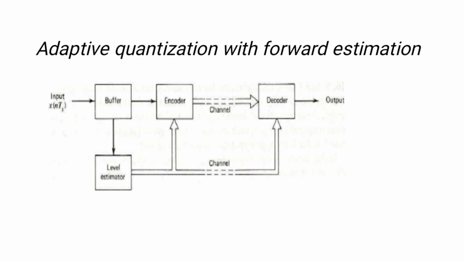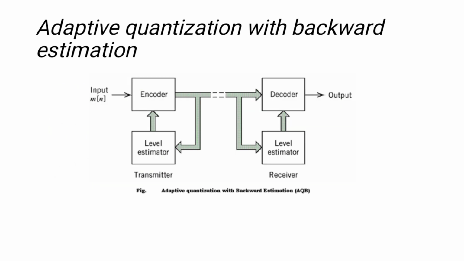For example, for 7 levels we have taken 000 to 111, so it takes 7 levels. It gives the level, which is encoded by the encoder and transmitted to the channel, and a decoder will receive it and reconstruct the original data. So there is no feedback in this forward estimation. It is adaptive quantization with forward estimation.